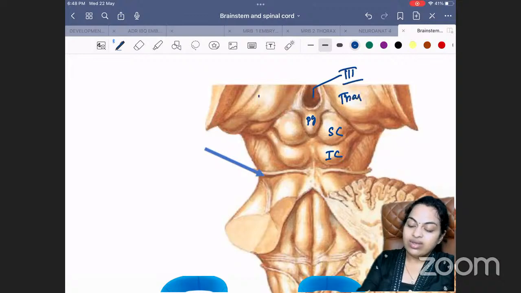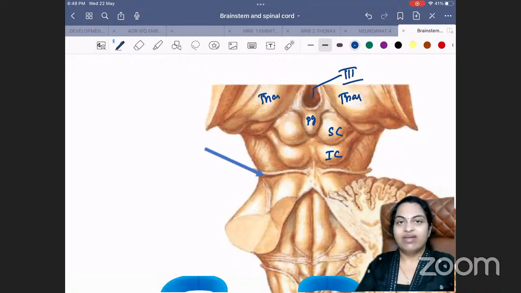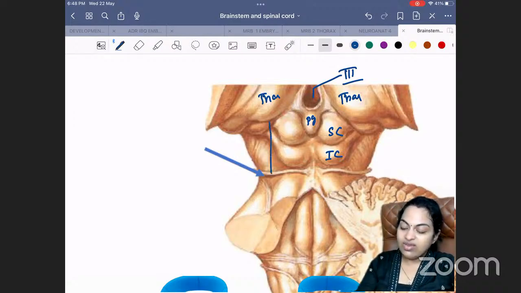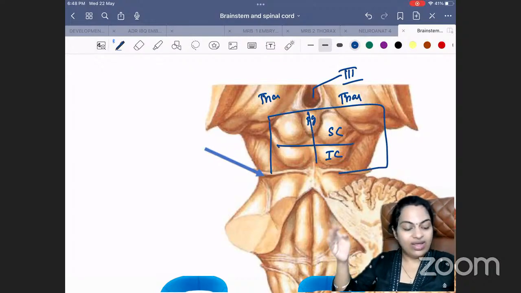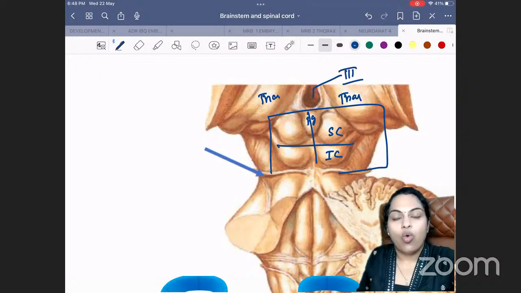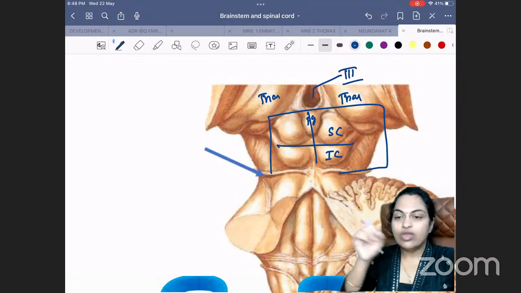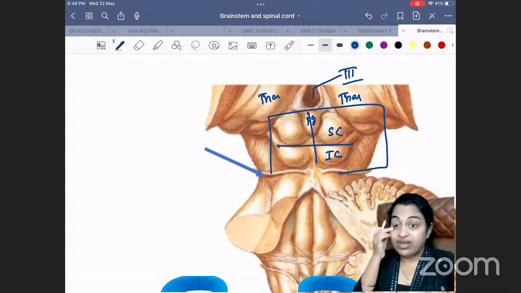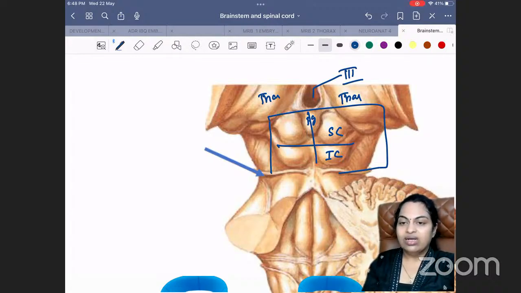The third ventricle is a midline structure that lies between the two thalami. This is the region of the midbrain. The two superior colliculi and the two inferior colliculi together form the corpora quadrigemina, and that's the cruciform sulcus separating the colliculi.